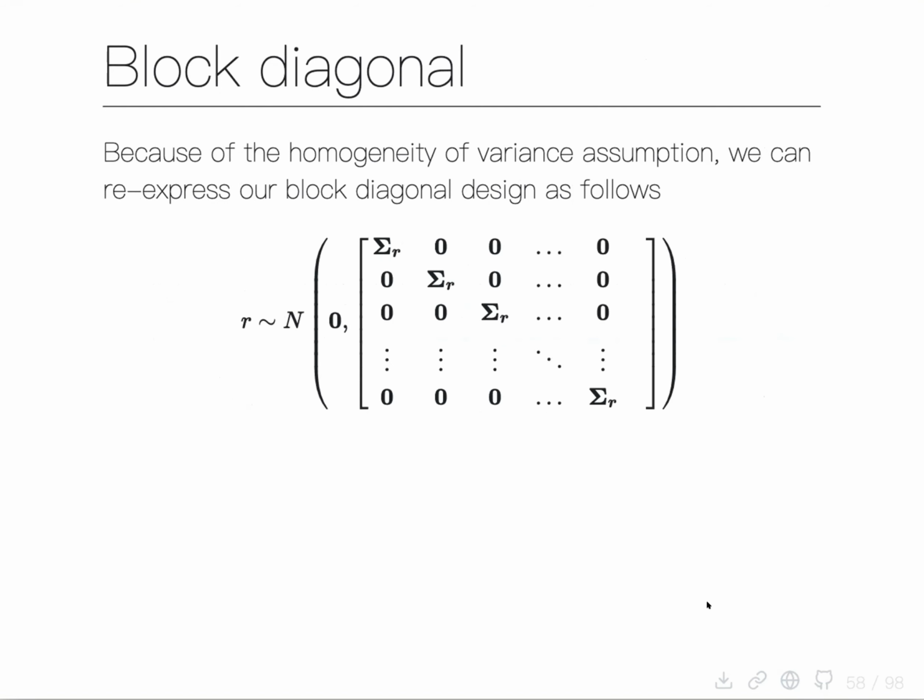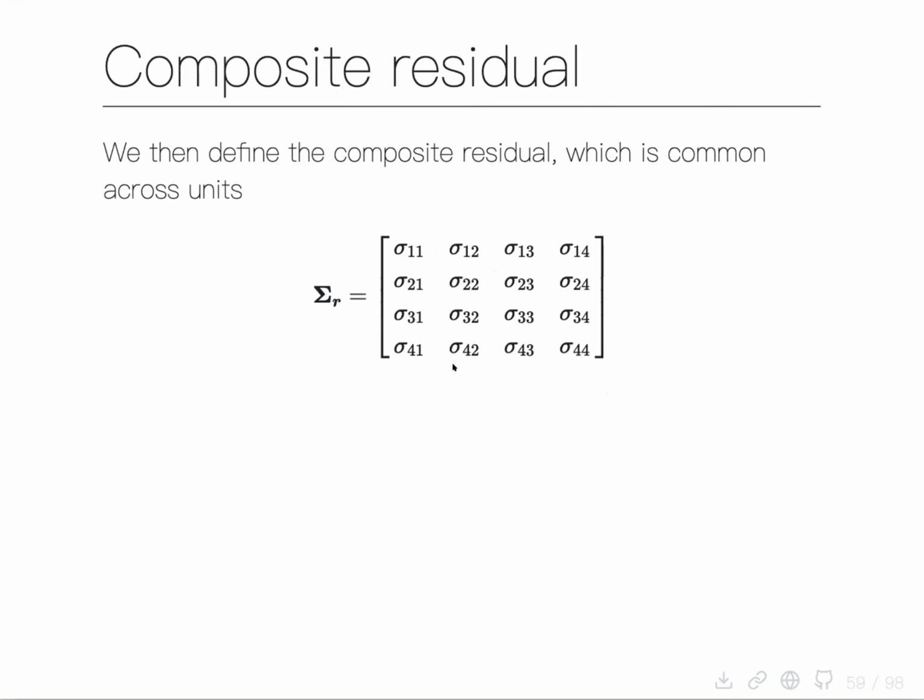And because of that homogeneity of variance assumption, we can sort of simplify that really big, really complex looking residual variance thing into something that looks like this, where we're saying R for our residual variance thing is assumed normally distributed with this bold 0 meaning basically a vector of zeros, okay, with this structure where this sigma R is equal to this.